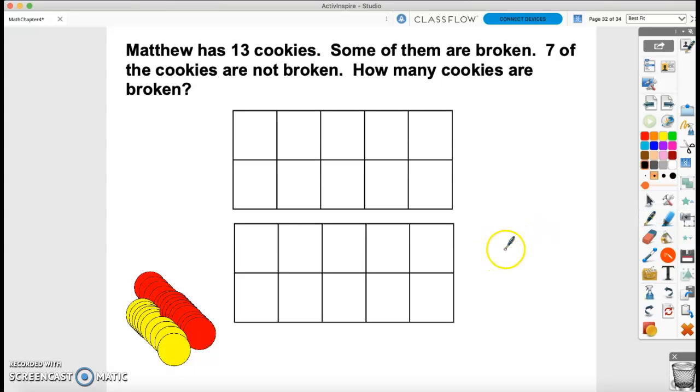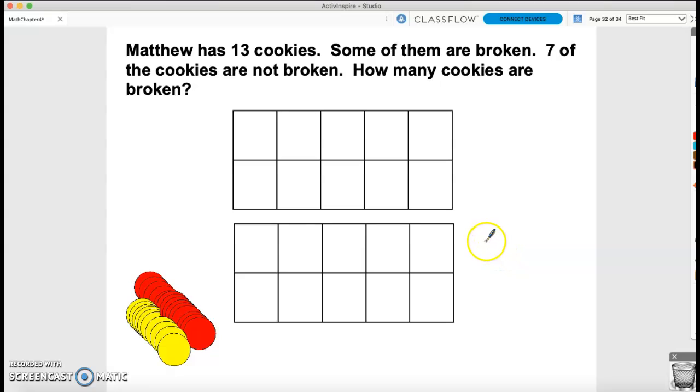So our number sentence says, Matthew has 13 cookies. Some of them are broken. So we're going to subtract off the sum that we don't know, and 7 are not broken, equals 7. How many cookies are broken?